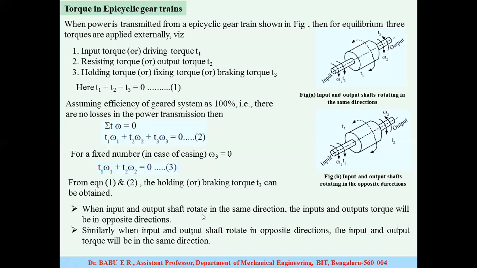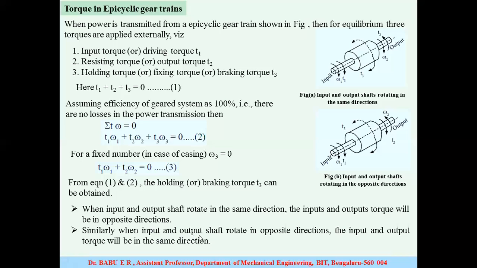So when input and output shafts rotate in the same direction, the input and output torques will be in opposite direction. The torque T1 on the input shaft is in clockwise direction, and the torque on the output shaft is in counterclockwise direction, so they act in opposite direction.